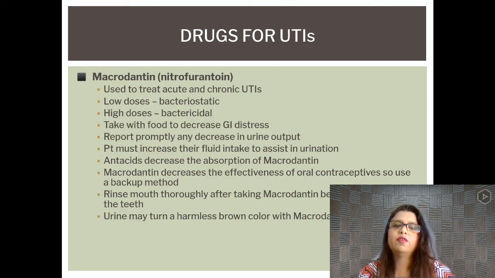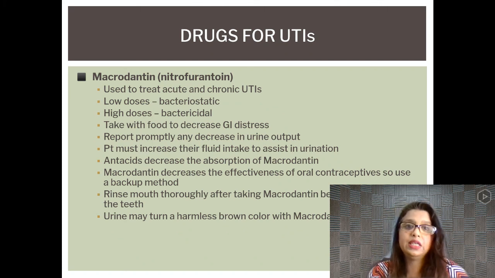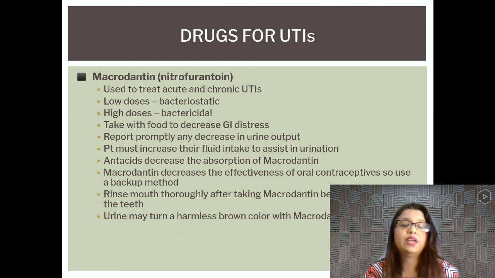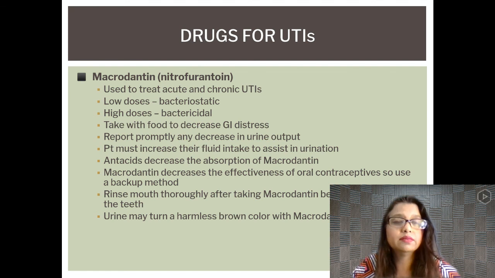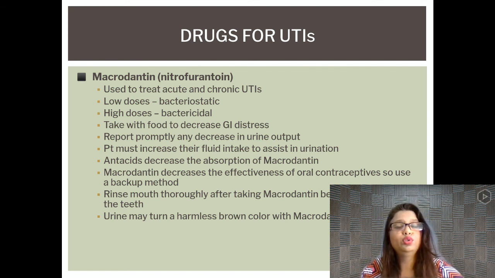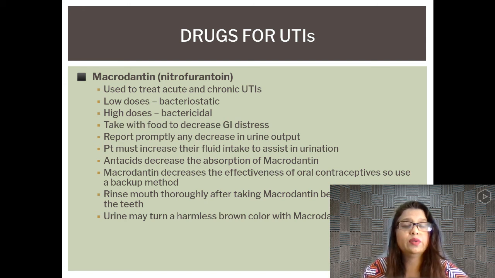Now, examples of medications which we give for urinary tract infections. One is nitrofurantoin. Another name for nitrofurantoin is macrodantin. It is used to treat acute and chronic urinary tract infections. Low doses are bacteriostatic, high doses are bactericidal. Take with food to decrease GI distress. Report promptly any decrease in urinary output.